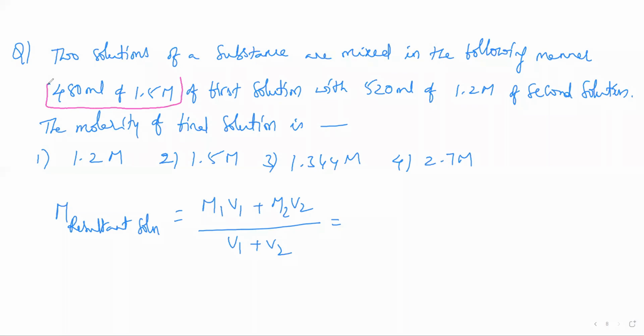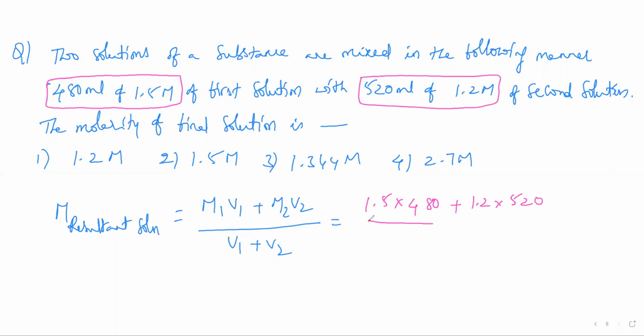Here, 1.5 into 480 plus M2V2, 1.2 into 520. Total volume 480 plus 520, that is 1000.